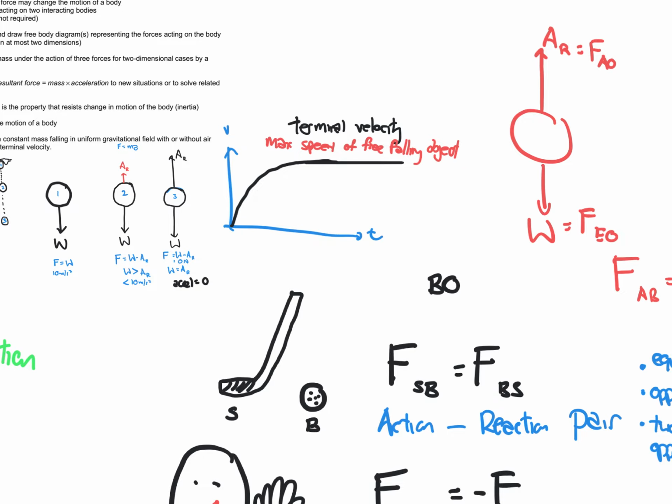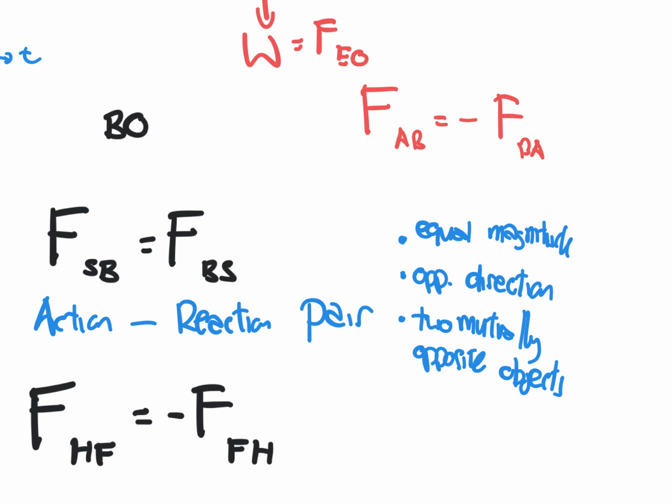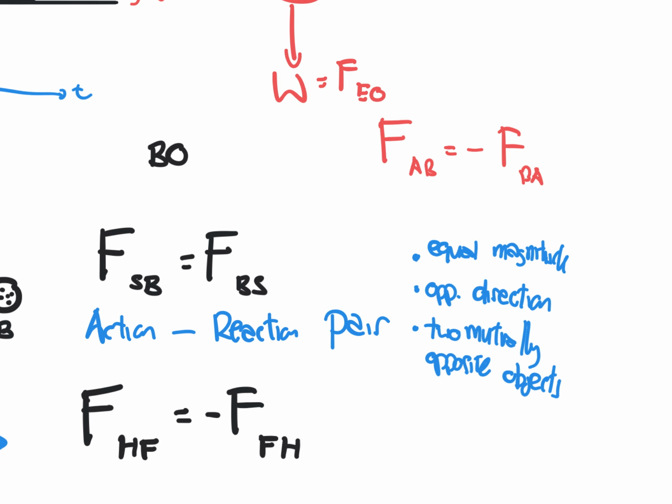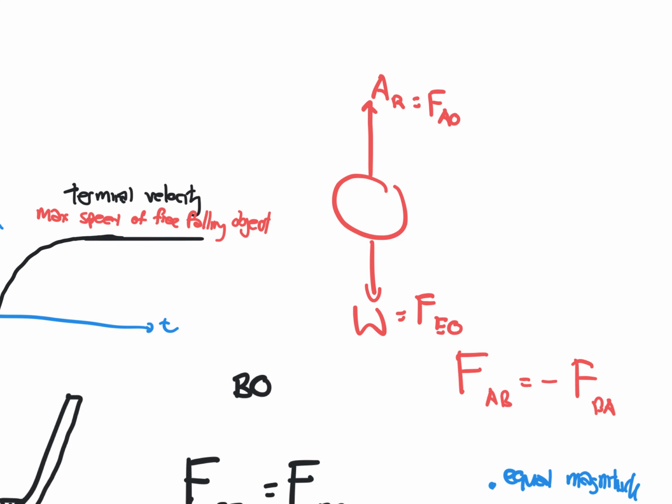And let's see whether this actually satisfies our three conditions of magnitude, direction, and two mutually opposite objects. I think it's quite clear to see that the forces are equal, the opposite direction, but here's the problem. How many objects are we looking at here? We're looking at a total of three bodies: air, Earth, and the object, right?